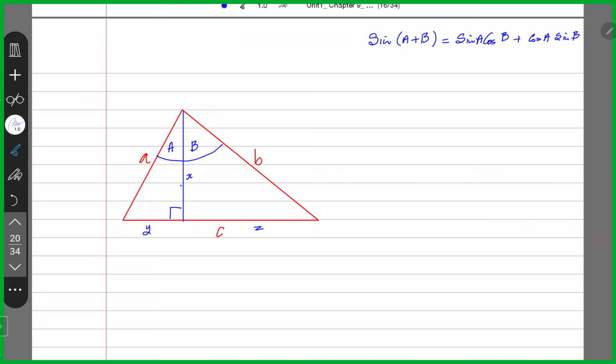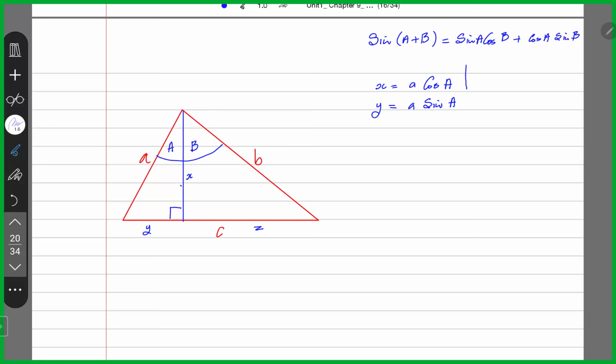We're going to need to find X, Y, and Z in terms of A, B, and C. Now, based on what we just did, I can say that X is equal to A cos A, and Y is equal to A sine A, the horizontal and vertical components.